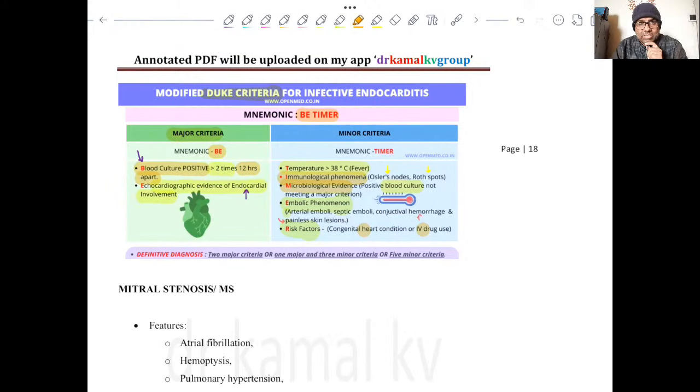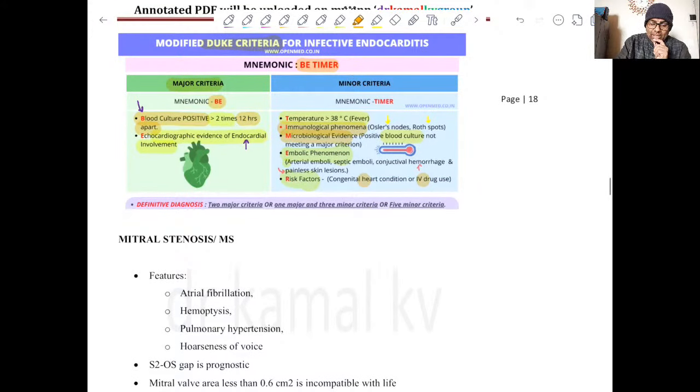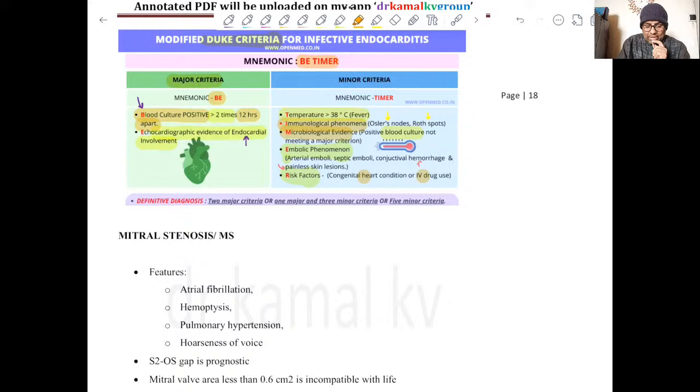And please don't mix up Jones criteria of rheumatic fever with Duke's criteria of infective endocarditis. Again, for diagnosis we have to count these criteria. So what we can do, either we can take 2 major, right? So 2 major, in fact we have only 2 major, so that are sufficient to make a diagnosis, or 1 major plus 3 minor.